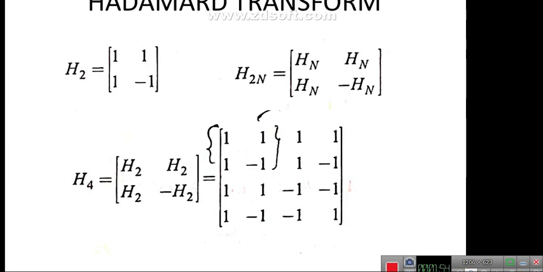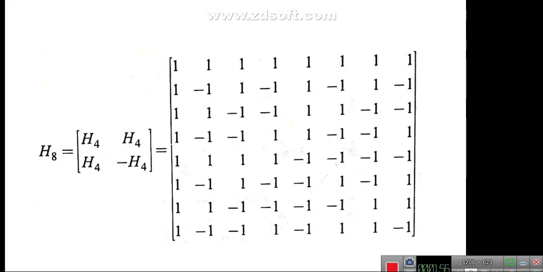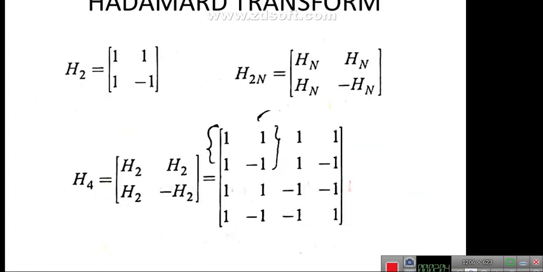Already we derived the H4 value. For example, the first rows are all plus ones, and 1 minus 1, 1 minus 1, and plus 1 plus 1 minus 1 minus 1, plus 1 minus 1 minus 1 plus 1. This is the Hadamard transform matrix for H4.